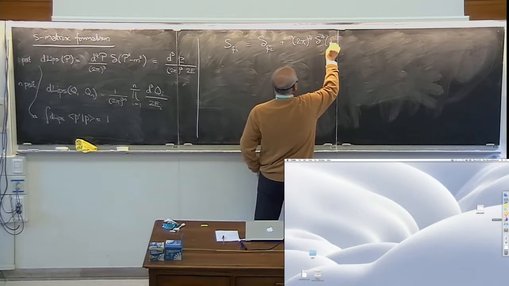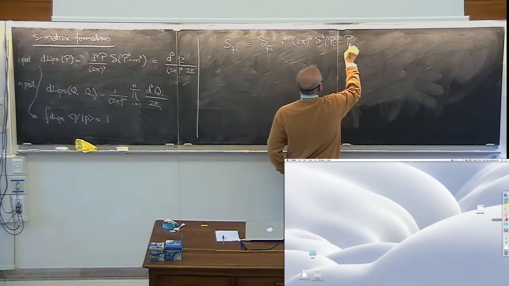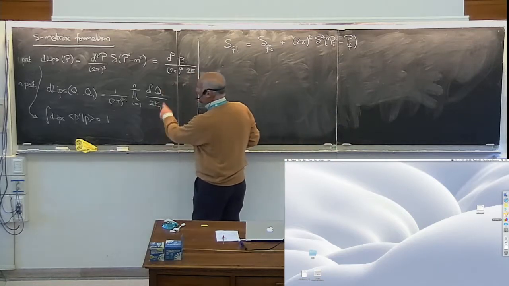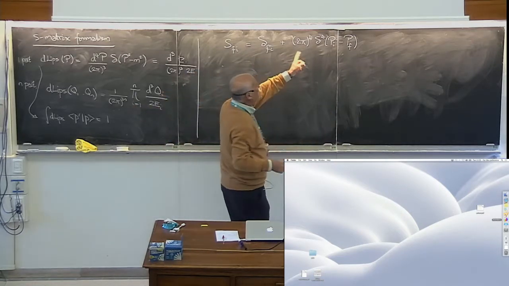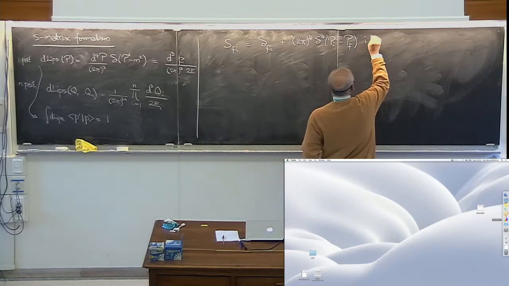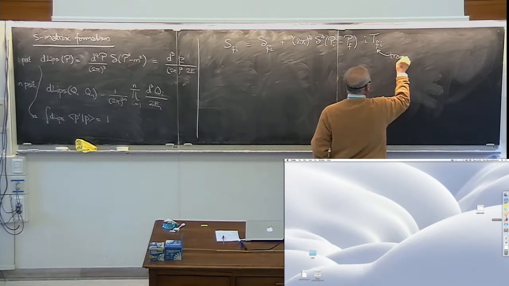So this is the sum over the initial momenta minus the sum over final momenta, and I apologize, I sometimes use I as an index, and here it's used as initial and final. And then this is i times T, and this is called the transition matrix, or the T matrix.